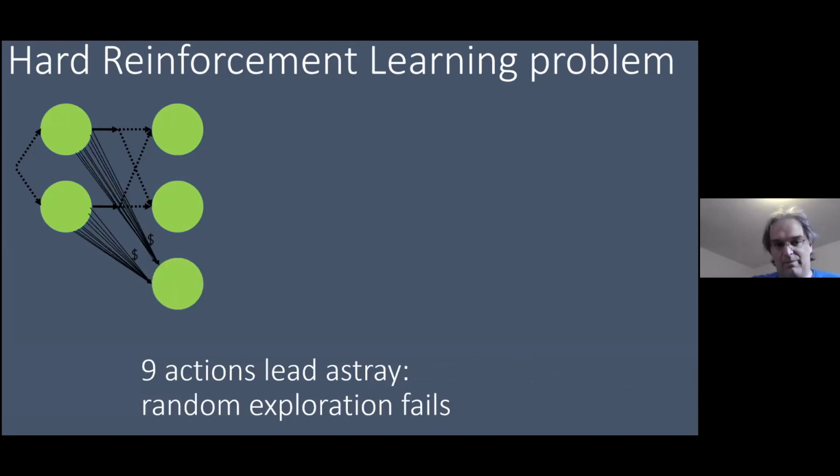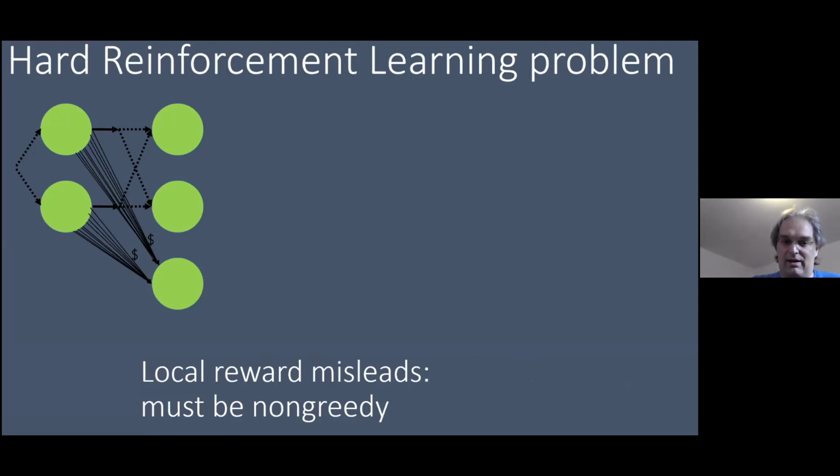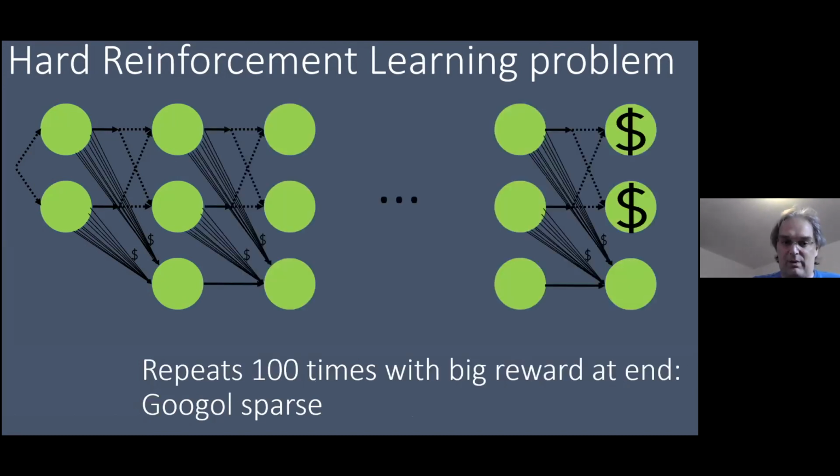And then while one of the actions leads to this 50-50 choice, the other 9 actions are going to lead you to a bad state. And we'll even give you a little bit of reward for going into the bad state. So that's challenging for myopic reinforcement learning algorithms. And then we're going to repeat this 100 times.